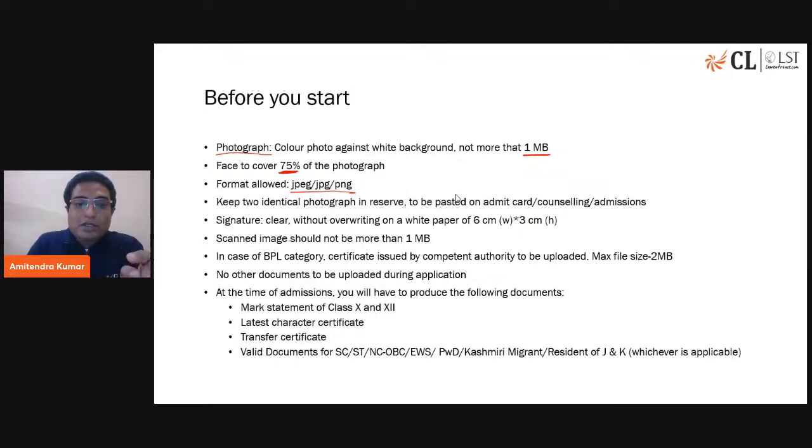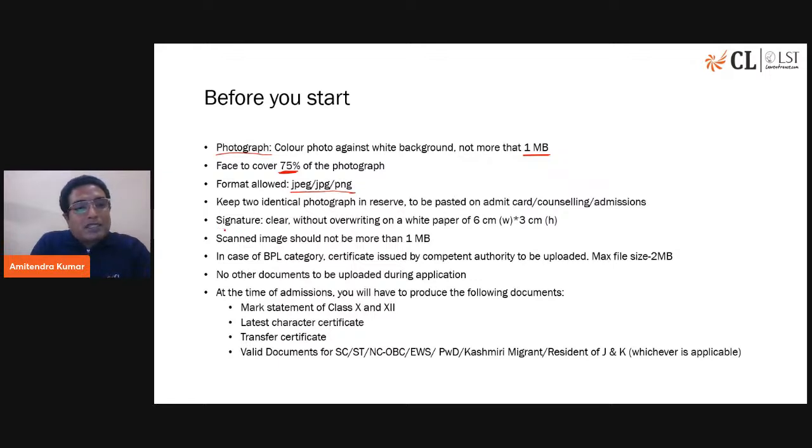Those are clear-cut instructions given out there, my friend. So you have to keep two prints of the photograph which you are uploading in reserve till the time the process gets over. One will be required to be pasted on the admit card, and the other would be required at the time of counseling or admissions.